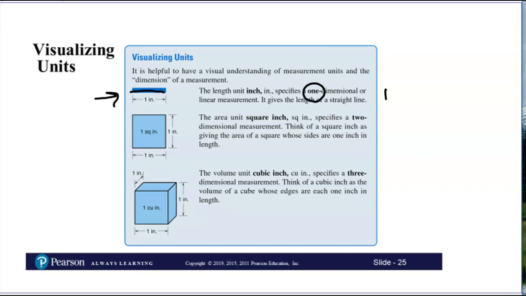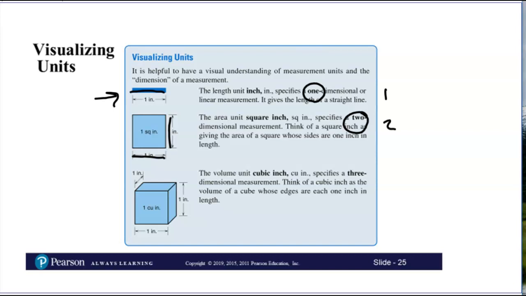Now, if we look at the area, it is 1 inch by 1 inch, so we're measuring two different things. That is something that is two-dimensional, and it measures area. And then if we're looking at something that we want to say is three-dimensional, imagine you can hold a block in your hand.